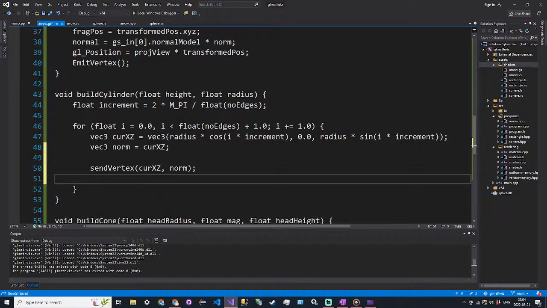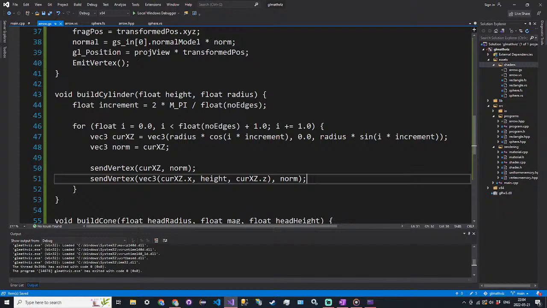And then we also want to send the value at the top, so send vertex. It's going to be a new vec3 of current xz.x, the height this time for the y value, and then current xz.z, and then the normal. Same normal again.